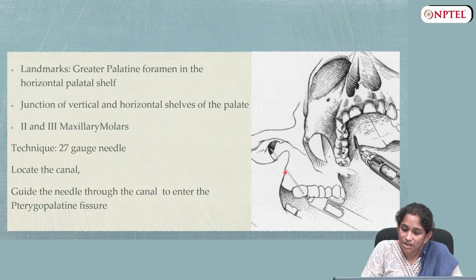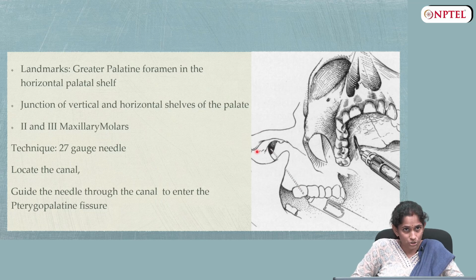Once it passes through the greater palatine canal, the tip of the needle can go straight into the canal and will be lying in the pterygopalatine fossa. So, that is where we deposit our local anesthetic of 1.2 to 1.5 cc so that the maxillary nerve can be blocked.